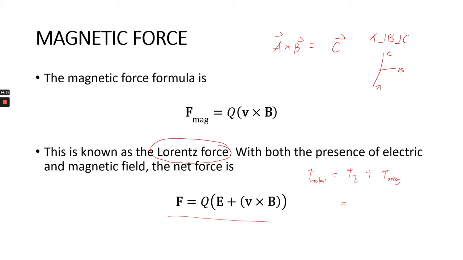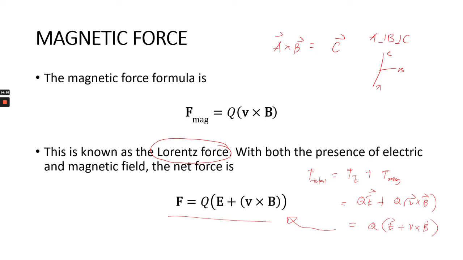We know the formula for the force due to the electric field: we have QE. Then the force for the magnetic field is QV cross B. Okay, so common kay Q, you have E plus V cross B. That's why mo na siya.